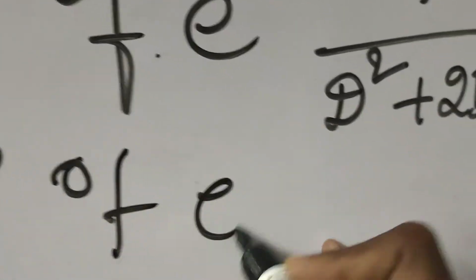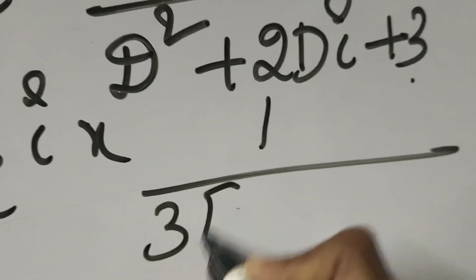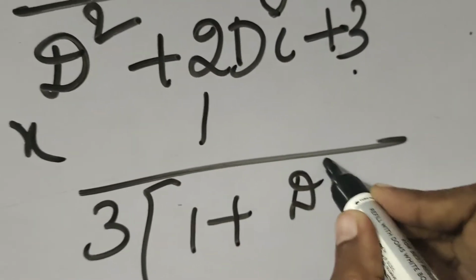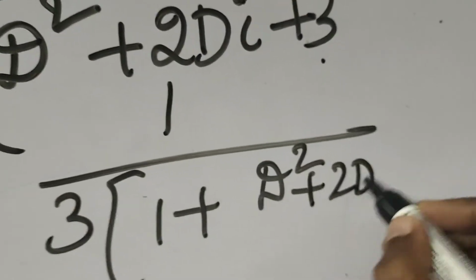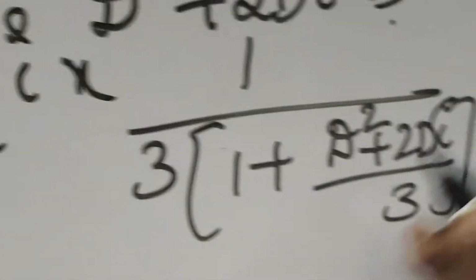That equals the imaginary part of e^(ix) 1 by 3 into (1 + (D² + 2Di)/3)^(-1) into x.